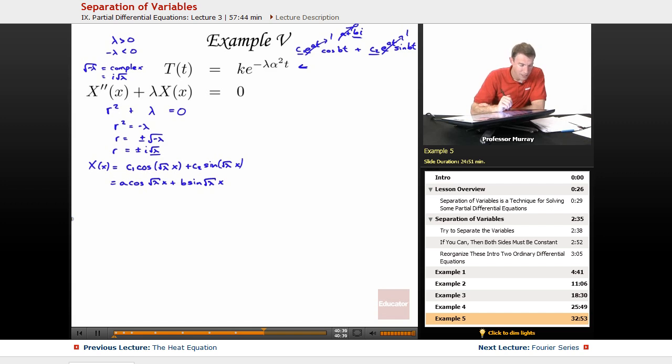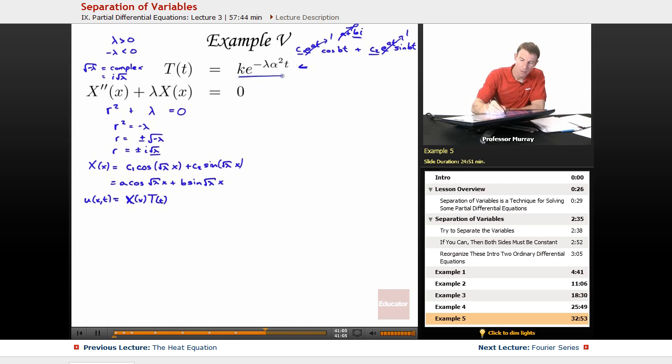And my u, my original function that I was looking for, u of x,t, let me remind you what format that had. u of x,t was equal to X of x. This was our assumption when we tried to separate the variables, times T of t. And I've already figured out my T of t.